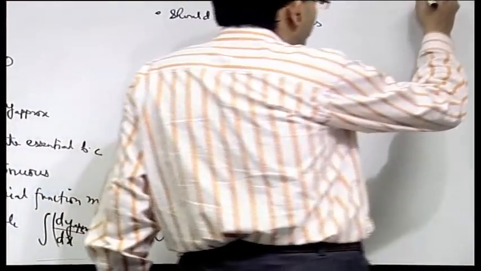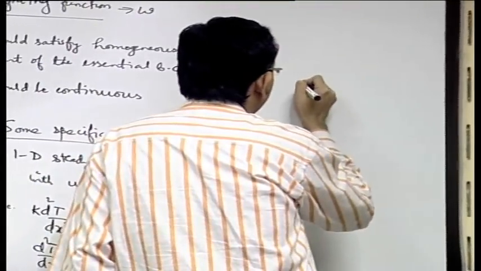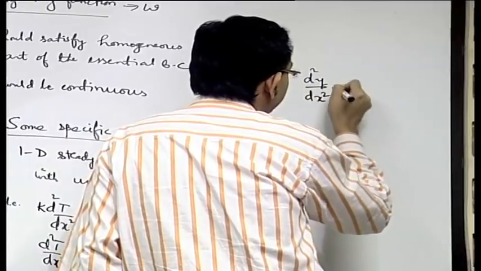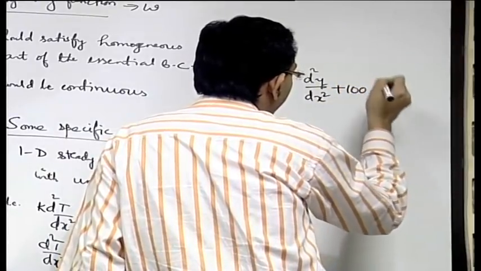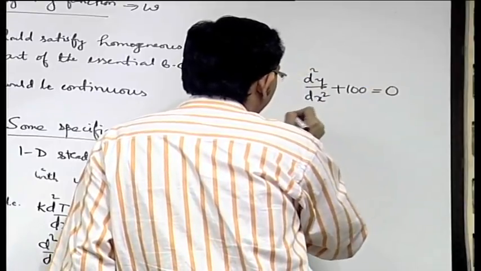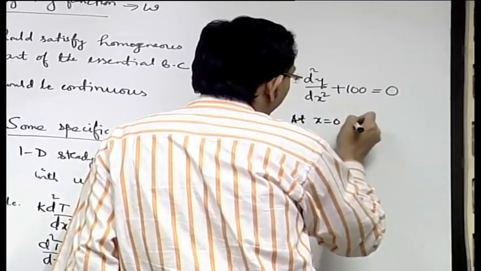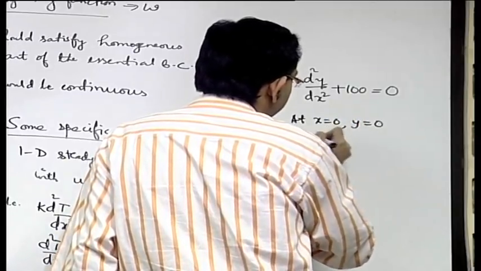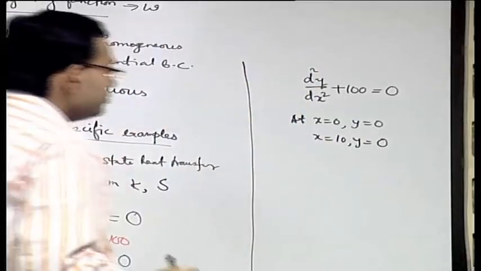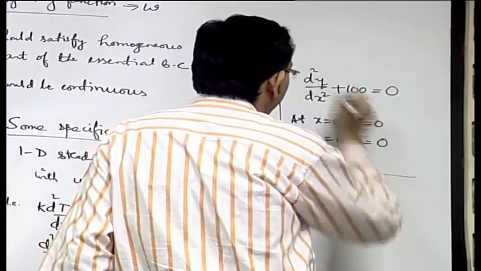So, our problem becomes a very simple differential equation: d square y by dx square plus 100 equal to 0, with y equal to 0 at x equal to 0, and y equal to 0 at x equal to 10. This is the problem that we intend to solve.